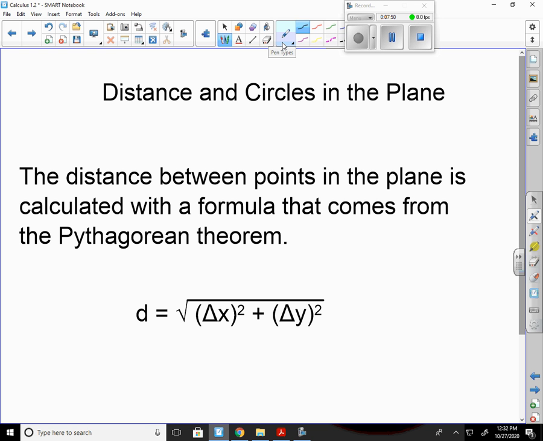This might be a little bit of a newer concept. The circles part might be new to you. But when we're looking at distance and circles in the plane, the distance between points in the plane is calculated with a formula that comes from the Pythagorean theorem. You might remember that when we're looking at triangles, we have the Pythagorean theorem if it's a right triangle.